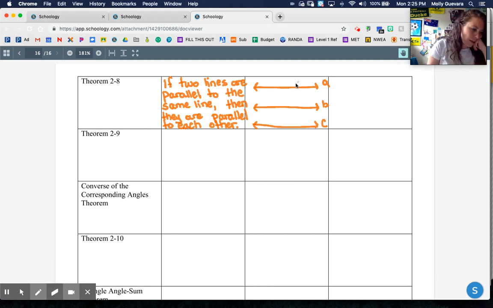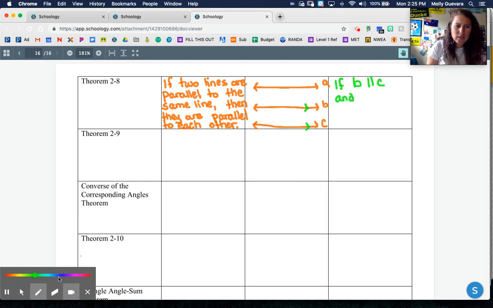If I have 2 lines that are parallel to the same line, so let's say that C is parallel to B. Okay, so C and B are parallel. So I'm going to say if B is parallel to C, right? And so then let's also say that A is parallel to C.